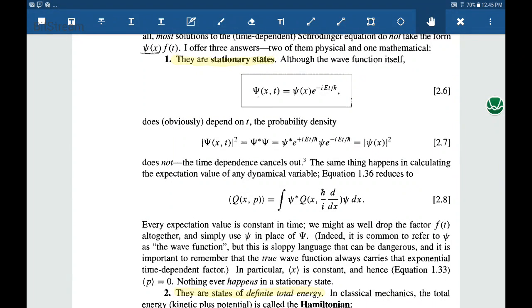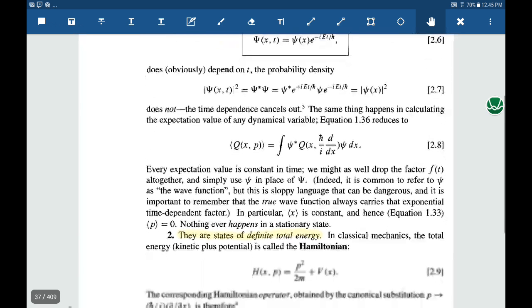So even though clearly our wave function must depend on time, if we look at the probability density function, it looks like this. If I integrate that over all space, I must have a 100% chance of finding my particle somewhere.